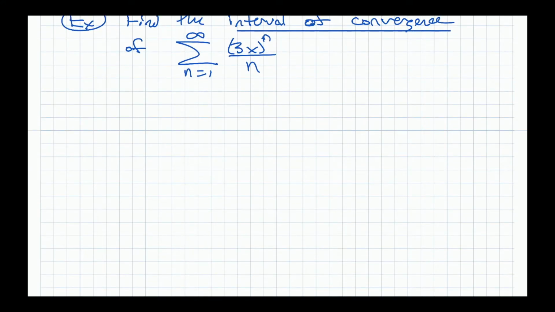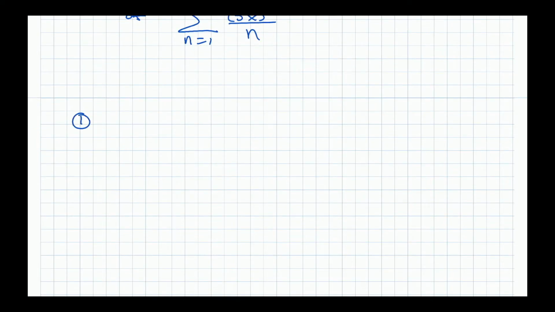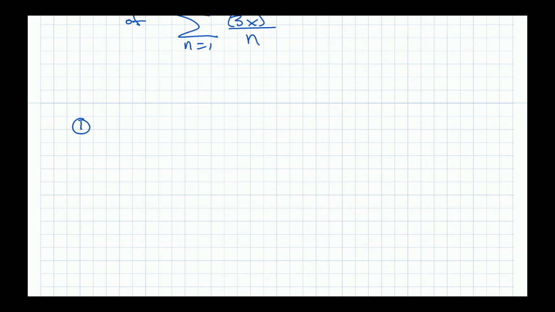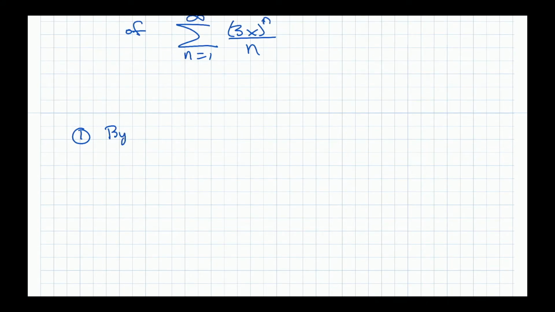So the way you start this out is you say, according to the ratio test, or root test is actually probably easier here. But I'll do the ratio test. I think the book would do the ratio test. So let's see. By the ratio test, and I'm just doing this on autopilot, right?